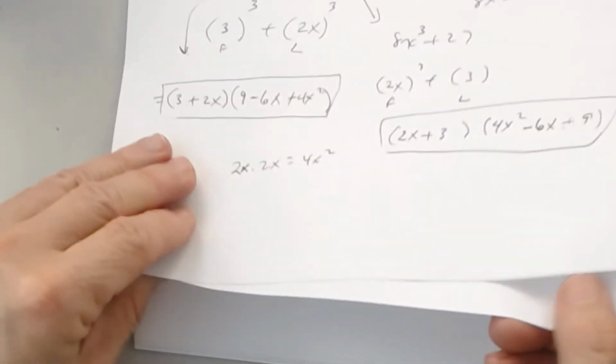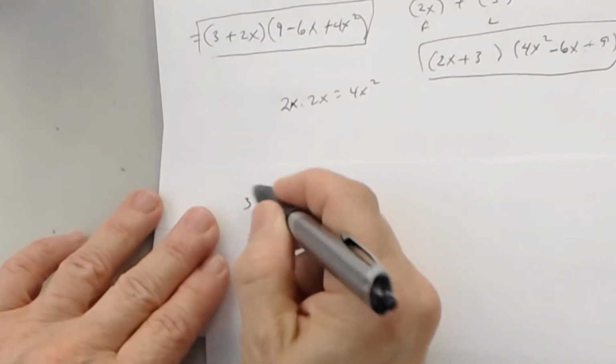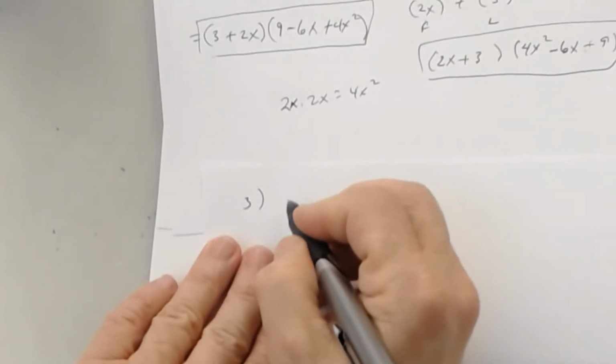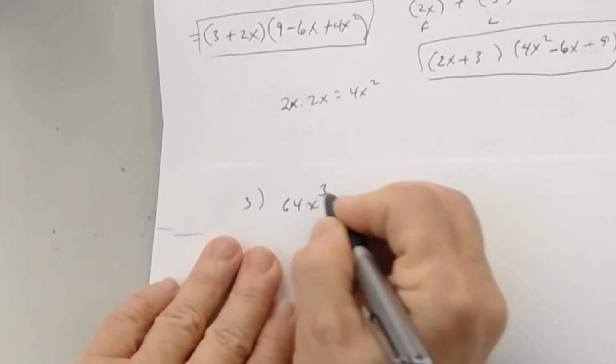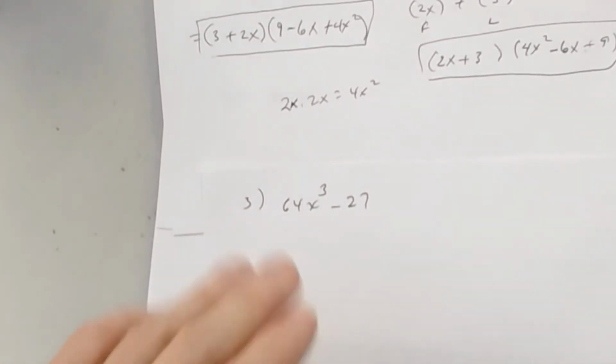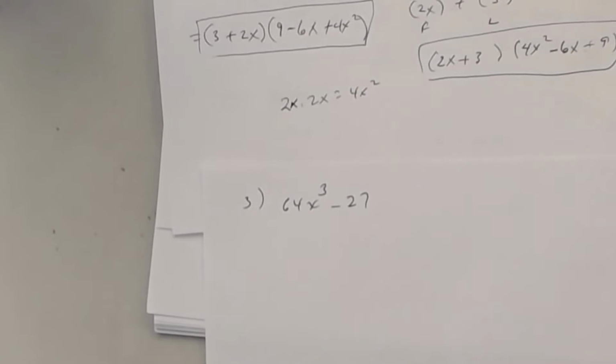All right, number 3. Suppose in number 3 I had 64x cubed minus 27. What's the GCF? GCF is 1. How many terms do you see? 2.